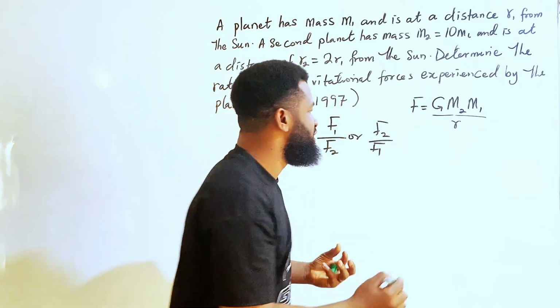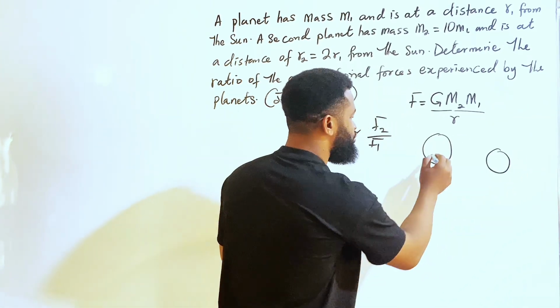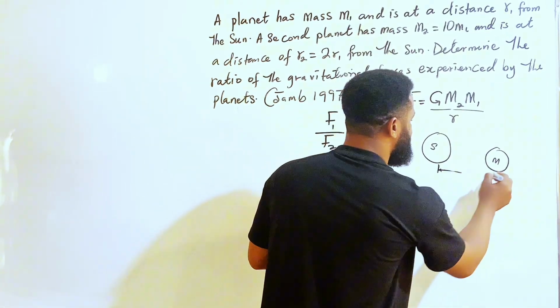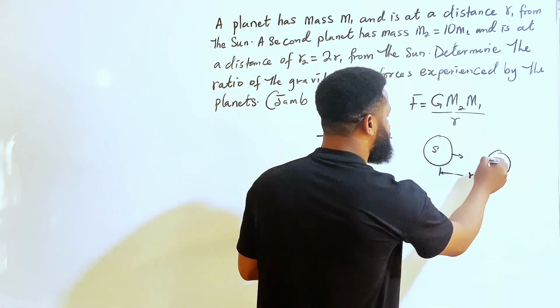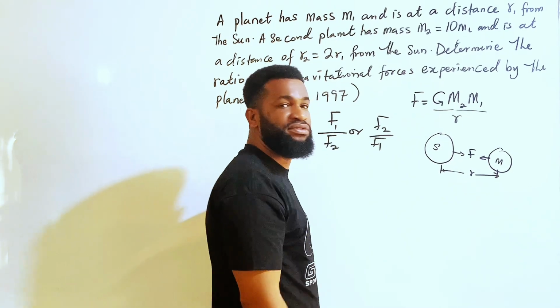What I mean is this: if this is the sun and this is the planet m1, the distance separating them is r, and there is a force of attraction between them, and that is what this force is all about.